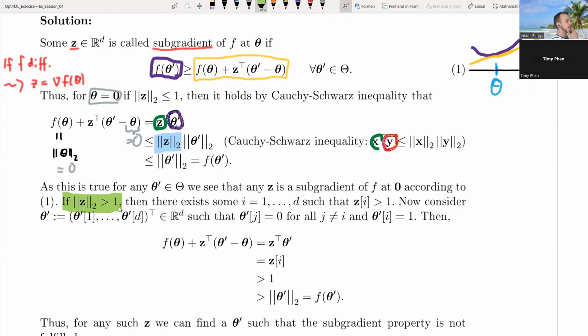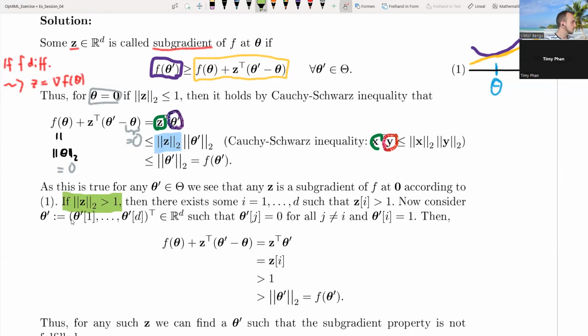What does this mean? This means that there must be one component where the ith value is strictly greater than 1, otherwise we end up again inside the unit L2 ball.